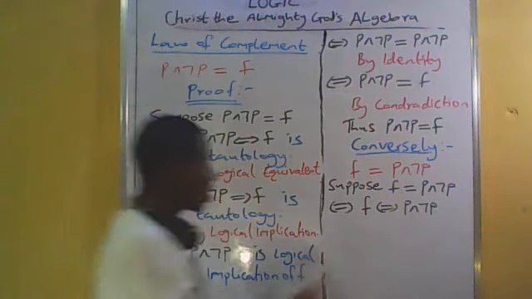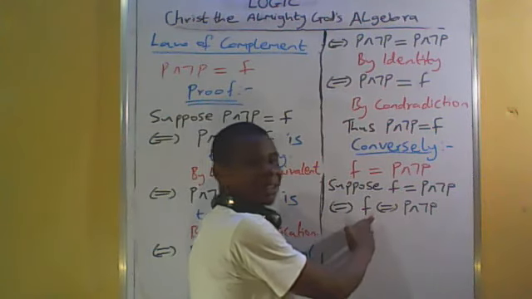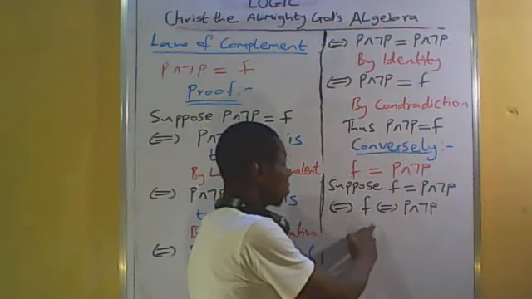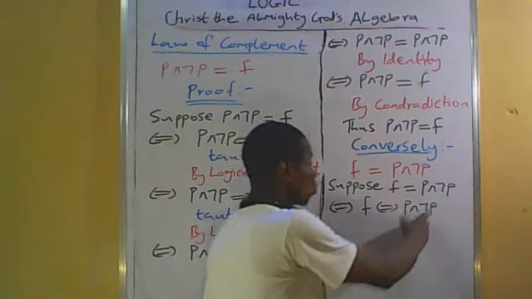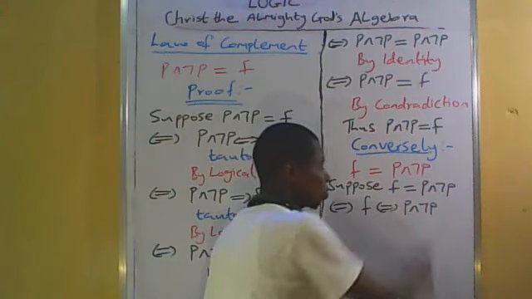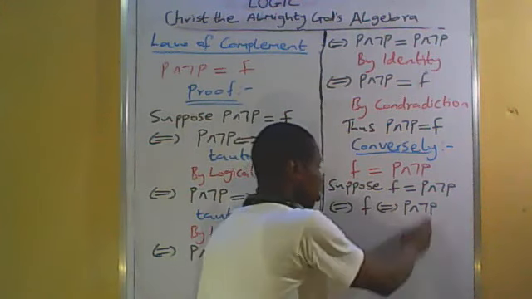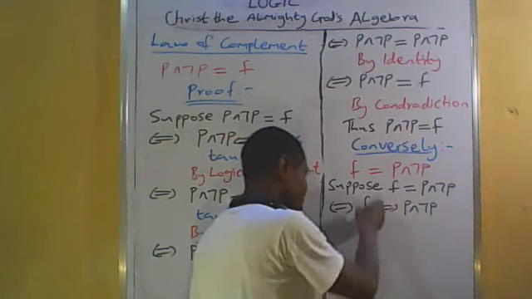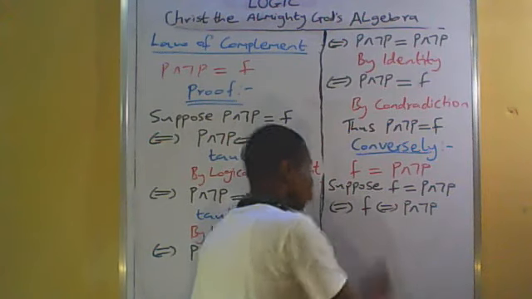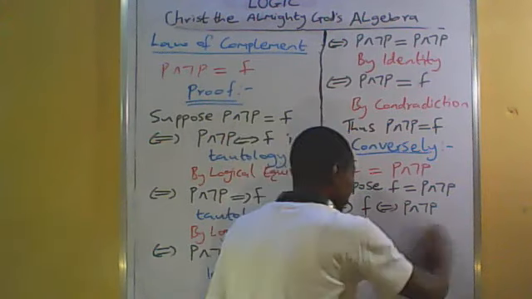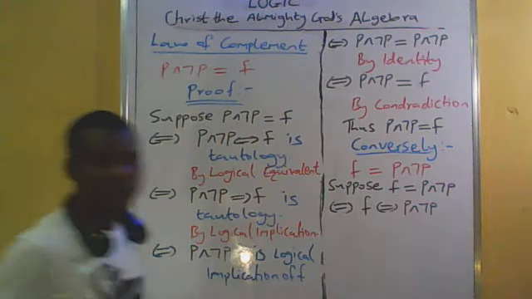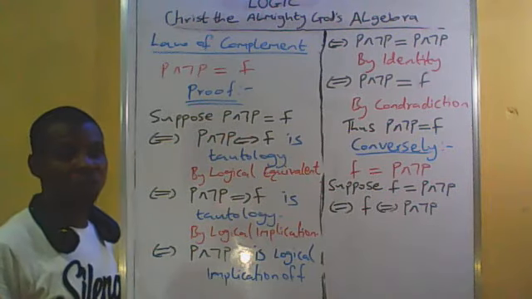That means whenever the left equivalent is false, the right equivalent is also false. Whenever the right equivalent is false, the left equivalent is also false. So whenever you make a statement, there's no possibility of getting falsity, always truth.